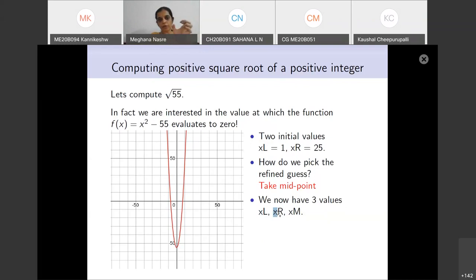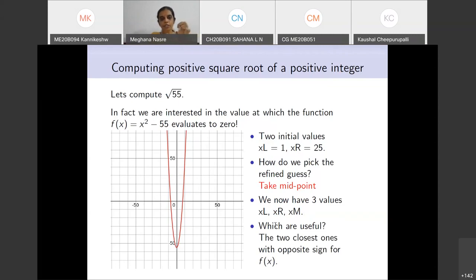We want to close this gap as much as possible. Our midpoint happens to be on the right side, so we are going to change our XR and ensure this invariant that XL and XR lie on two sides of the function: f of XL evaluates to negative, f of XR evaluates to positive, and keep doing this.